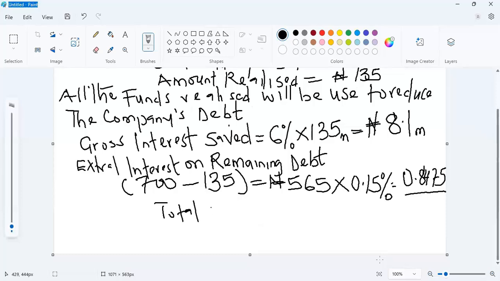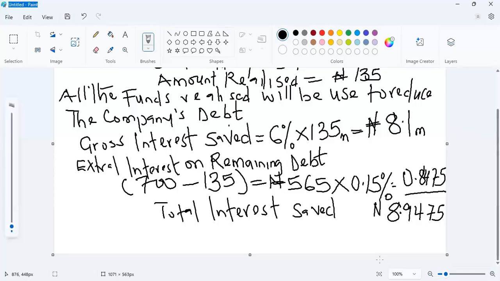Total how much? 8.9475. You are going to add 8.1 plus 0.8475. This is the total interest saved.